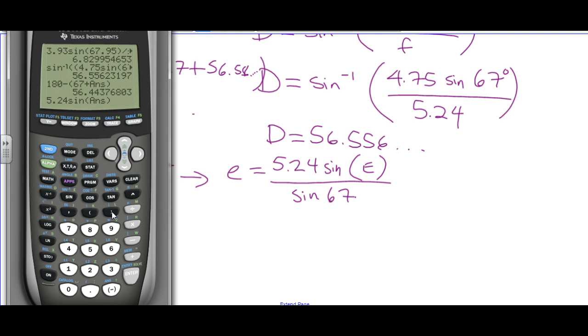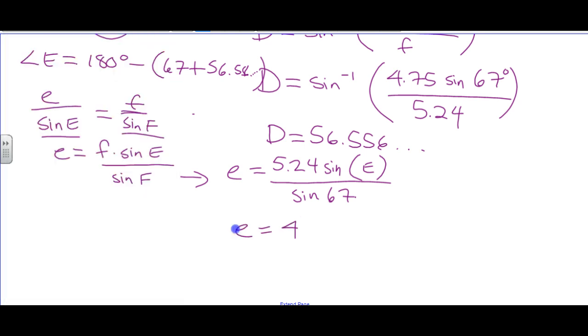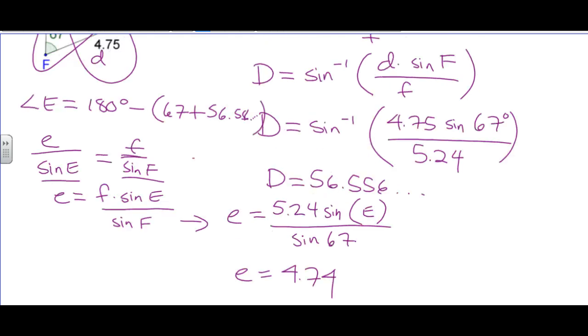It's not like times where we have to store it because we're going to use it twice. So 5.24 times the sine of the angle that we calculated divided by sine 67. Close bracket. Enter. Okay, and that's little e, right? 4.74. So e is equal to 4.74. And now we can round to whatever. In this case, we'll go with 2 decimals.